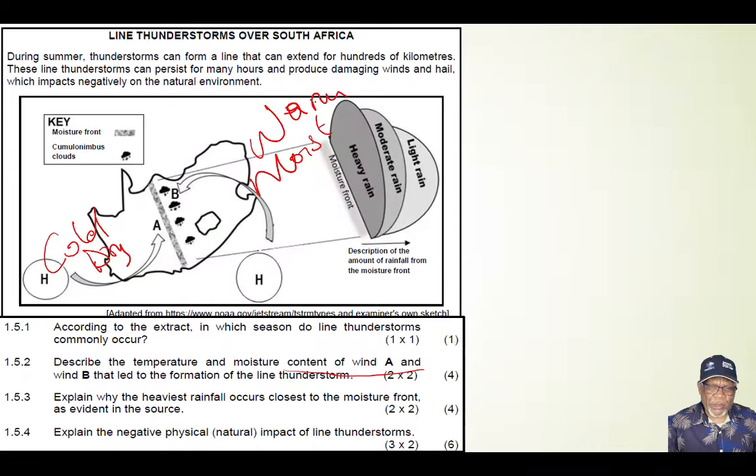So now let's look at this question here. It says, explain why the heaviest rainfall occurs closest to the moisture front, as evident in the source. Why are we going to have heavier rain here and the rain is going to decrease when you move away from here?